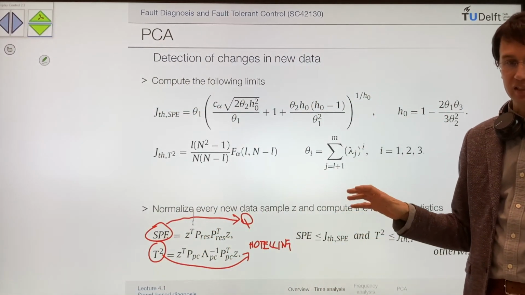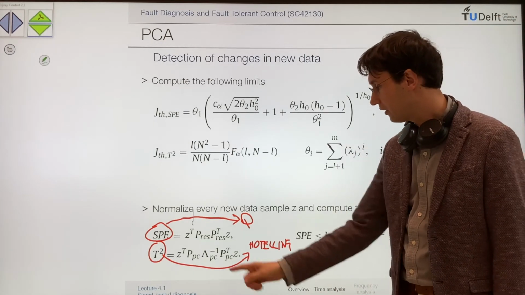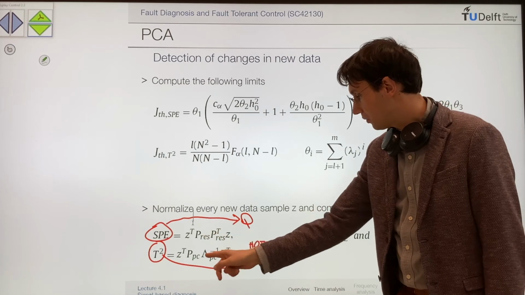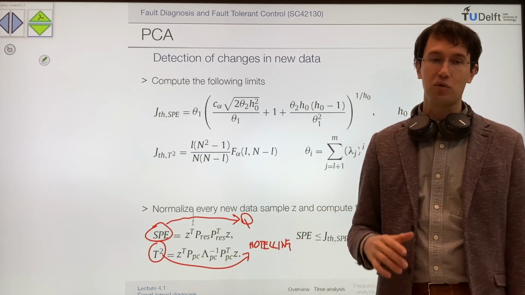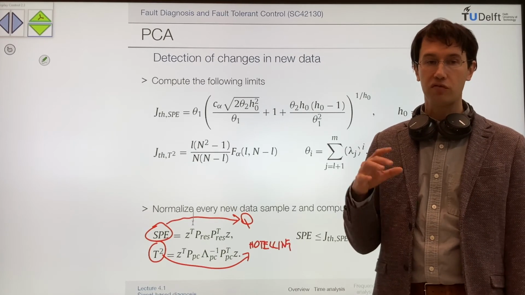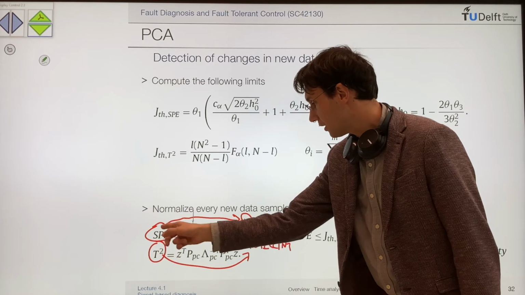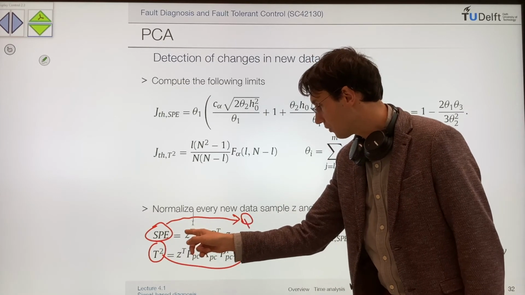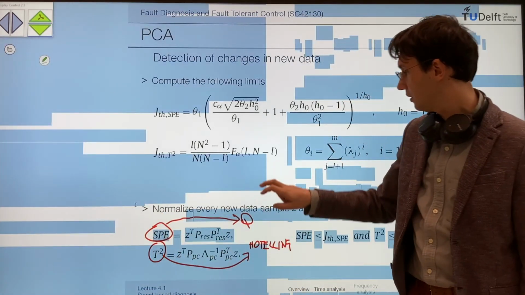But anyway, I repeat it once more just to be sure it is clear. P residual, P principal component, lambda principal components, you compute them once, let's say, offline with nominal data. Then SPE and t-squared, these two statistics, are computed on the sets of data that you have live, online.